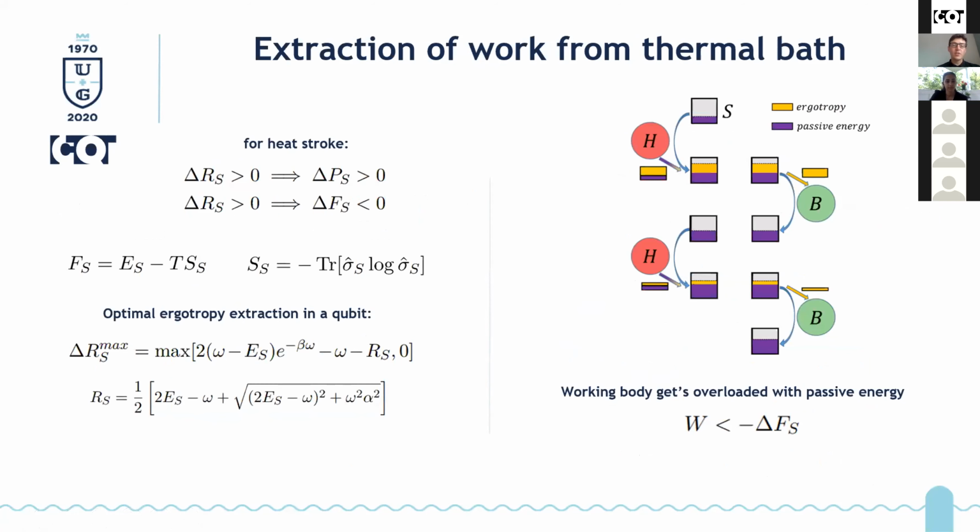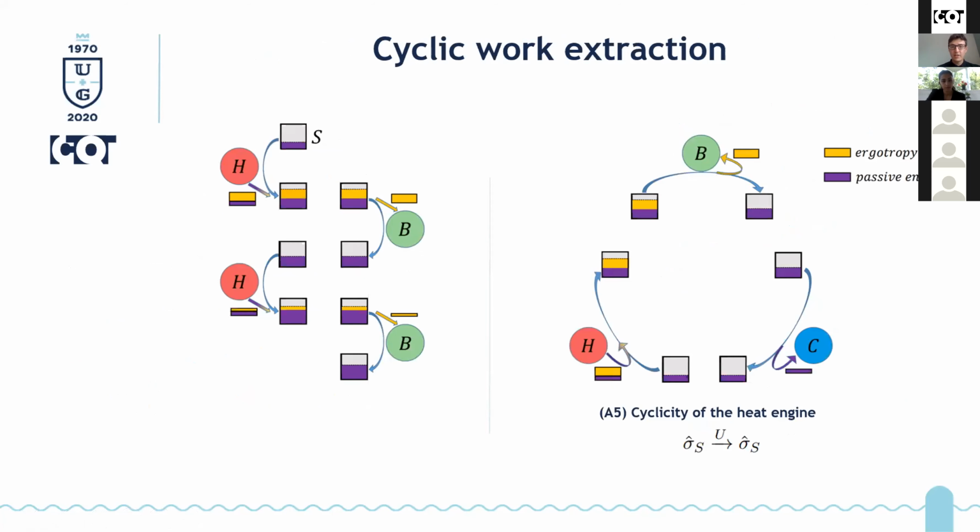We can also show that the whole process is irreversible, in the sense that you cannot get more work from the process in this engine than the change of the free energy of the system. Actually, you always get less work.